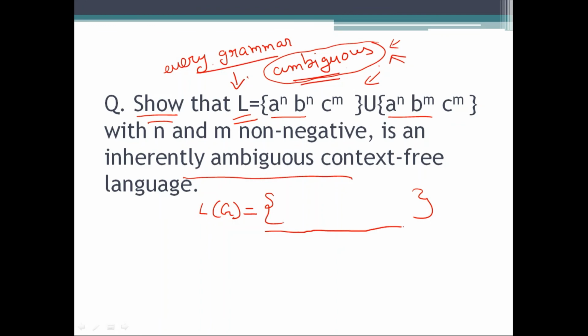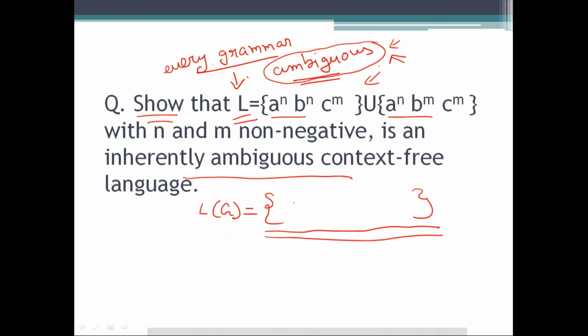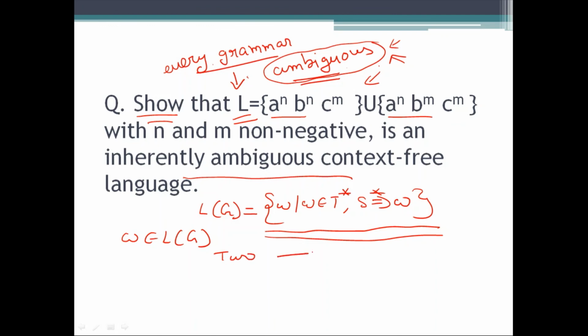The set of all such strings derivable from the start symbol. So W belonging to the star closure of T, and it is derivable from the start symbol. Fine. W belonging to LG is ambiguous if two or more derivation trees are available for this W.